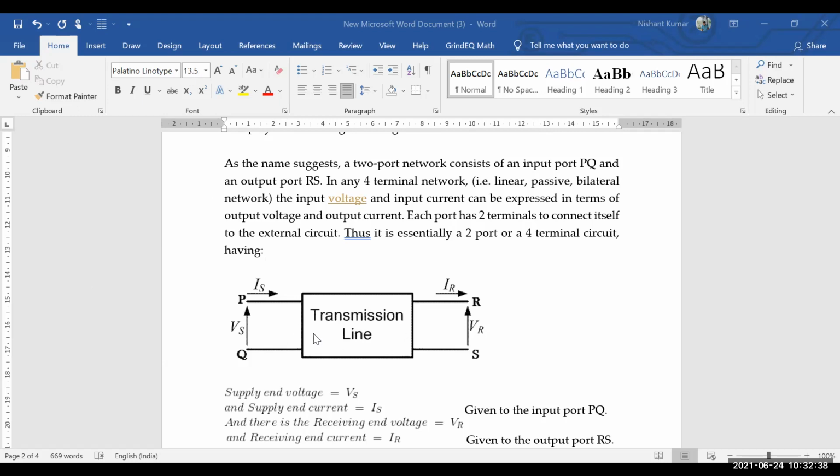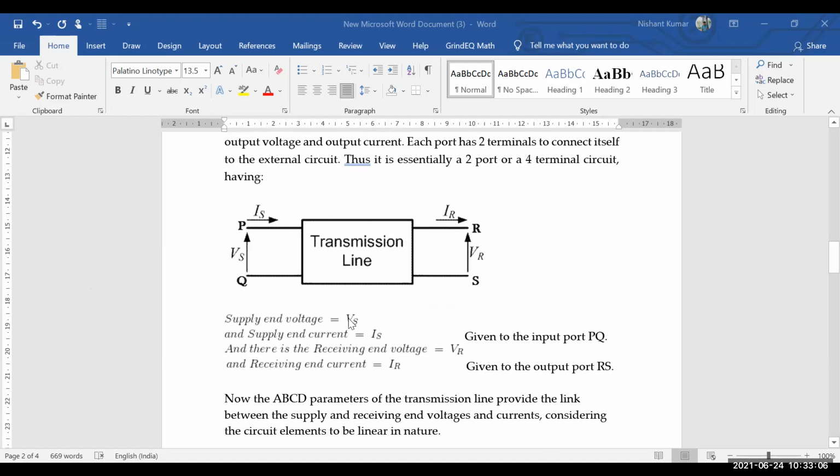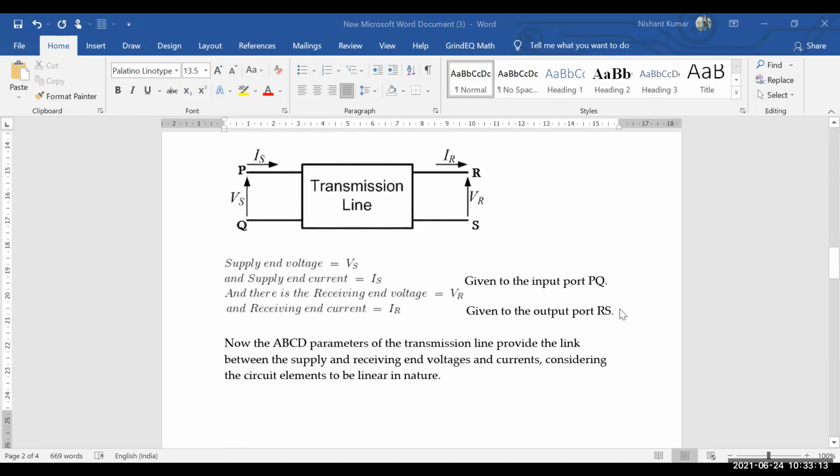This has four terminals and is a linear passive bilateral network. The input voltage and input current can be expressed in terms of output voltage and output current. Each port has two terminals, a pair of terminals, so it is essentially a two-port, four-terminal circuit. Over here the sending end voltage is VS and sending end current is IS, the receiving end current is IR, and the receiving end voltage is VR. The input port is PQ and the output port is RS.